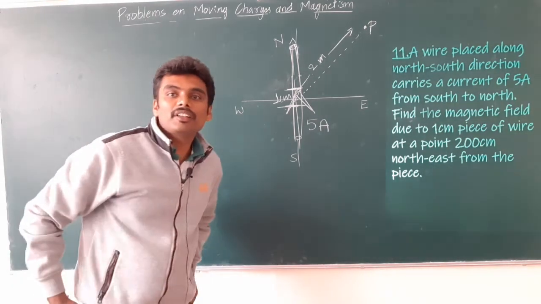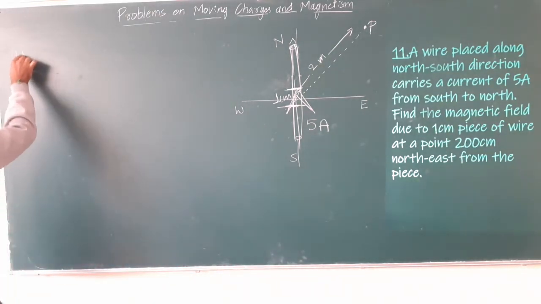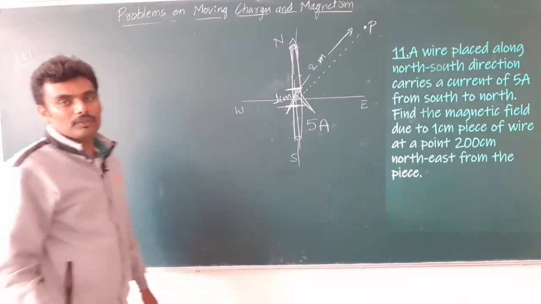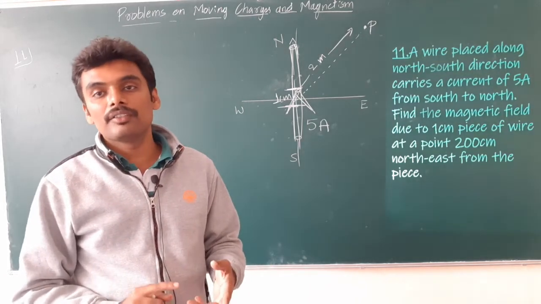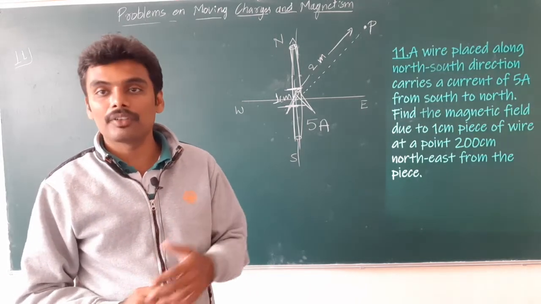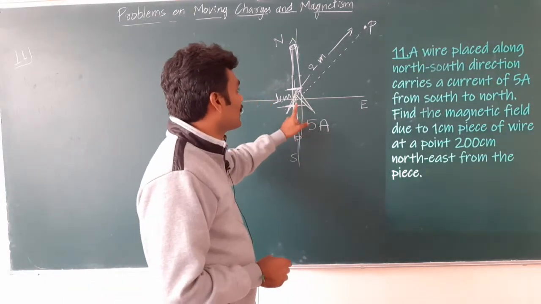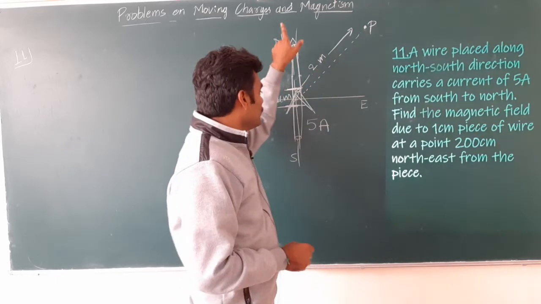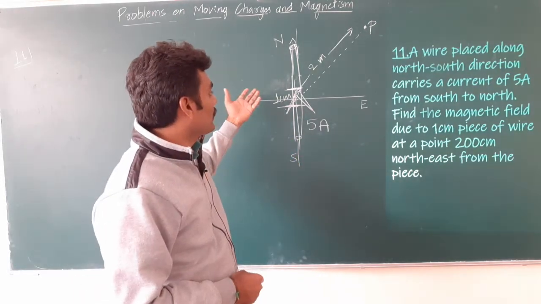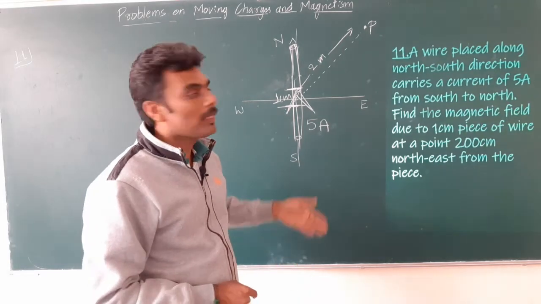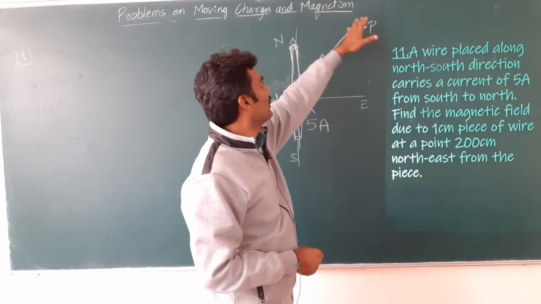Basically, the formula for the magnetic field due to a current carrying conductor, we can get using two methods. One is by Biot-Savart's law, and the other is by using Ampere's circuital law. But here I am going to use Biot-Savart's law because Ampere's circuital law can give the magnetic field at a point due to a very lengthy wire, or we can say that it is of infinite length, and we will always consider the perpendicular distance.